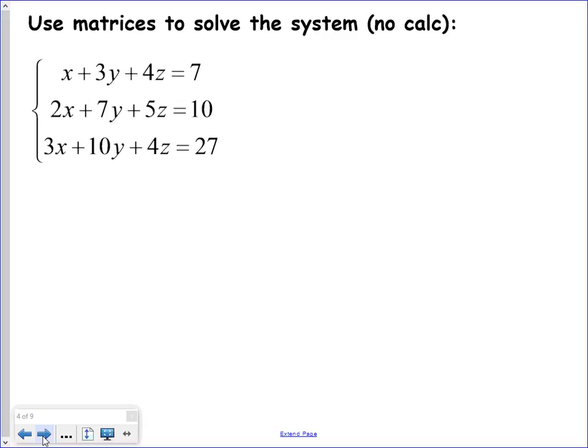Solve using matrices. Now, in this chapter, I want you to use matrices. It's a skill that you're going to work on. Could you solve it algebraically? Sure, in a worst case scenario, but you're going to attempt to do it with matrices. So, first step to this, take your system, write an augmented matrix. Okay, so rule number 1, write an augmented matrix.